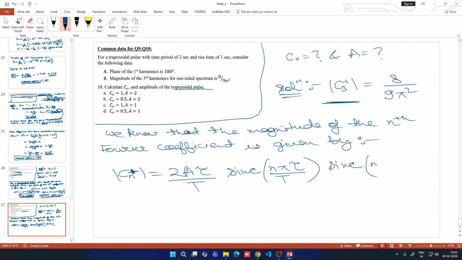Sinc n pi tau r by T. This tau r is the rise time divided by T, because that's what it actually is. All these pulse signals are not like this, they are actually something like this physically.